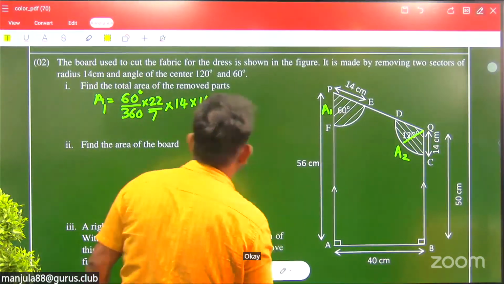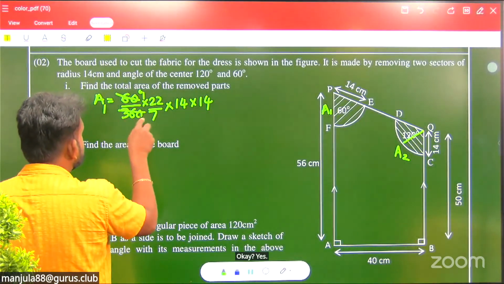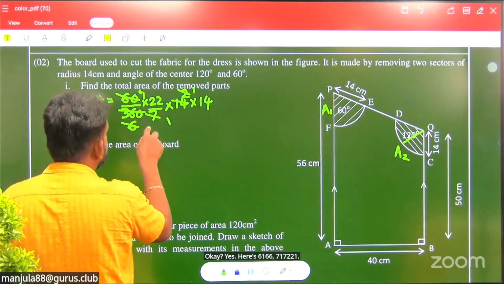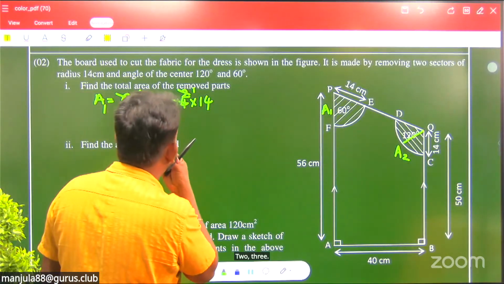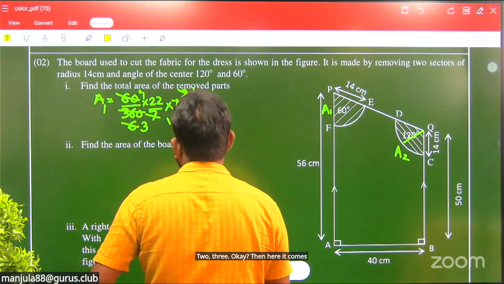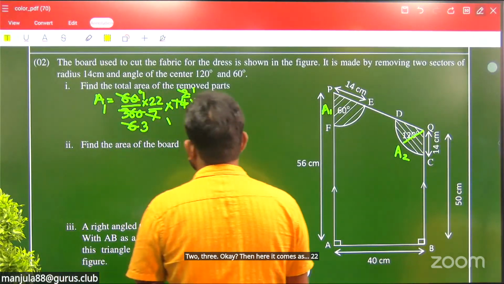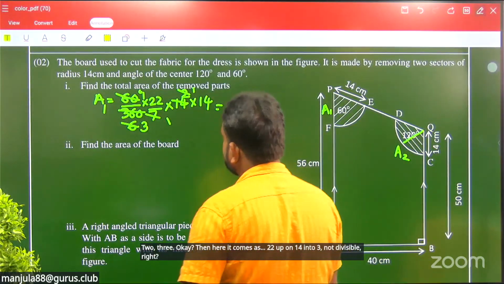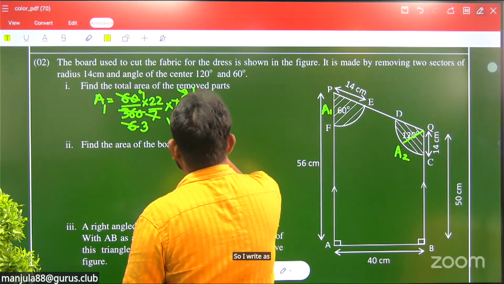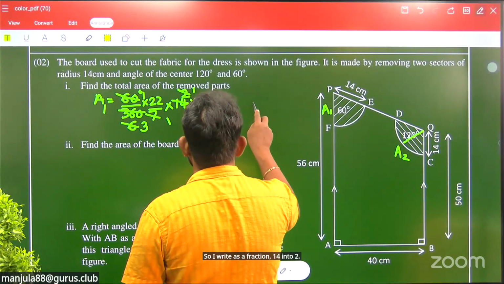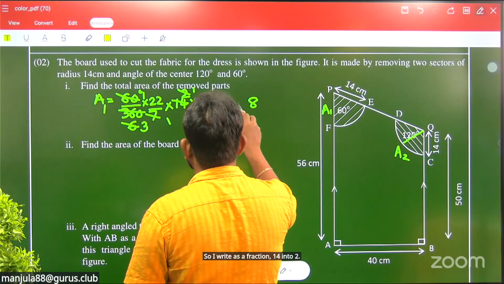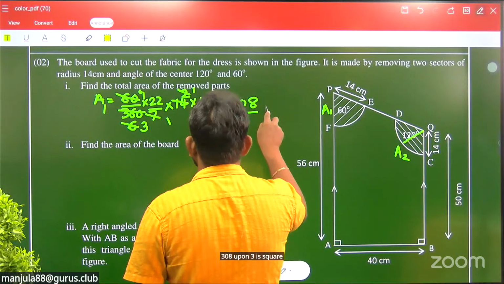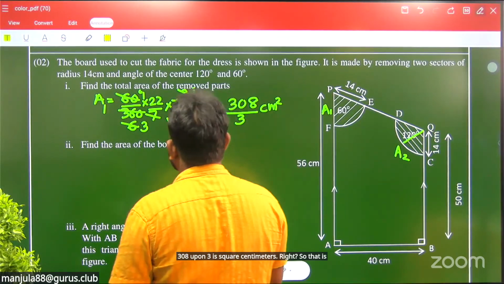Then it comes as 22 upon 14 into 3, not divisible, right? So I write it as a fraction, 14 into 22, 308 upon 3 square centimeters, right? So that is area 1, right?